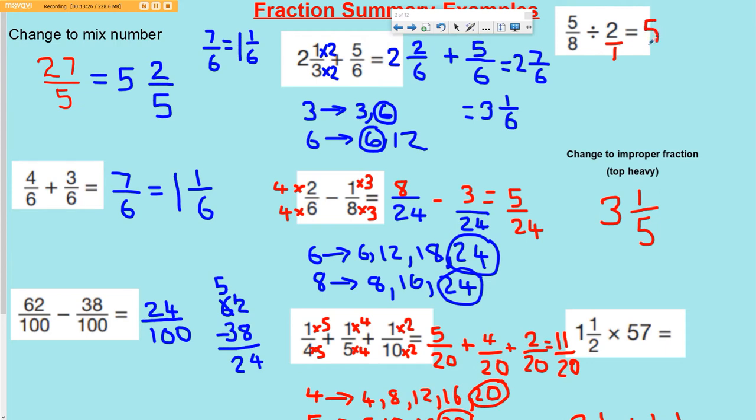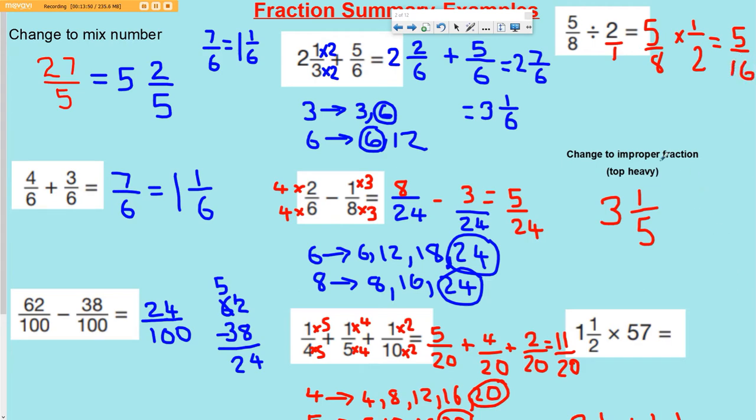So we've got 5 upon 8 times 1 upon 2, because we flip the second and multiply. So this now becomes 5, because 5 times 1 is 5, 8 times 2 is 16.